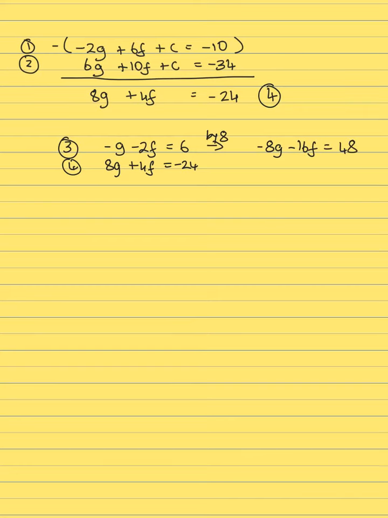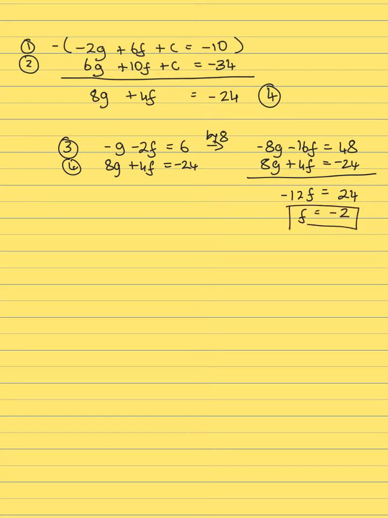And then equation 4 is just 8g + 4f = -24. And if we just add those, the g's will disappear, and we'll be left with -12f = 24. Dividing across by -12, f is equal to -2.